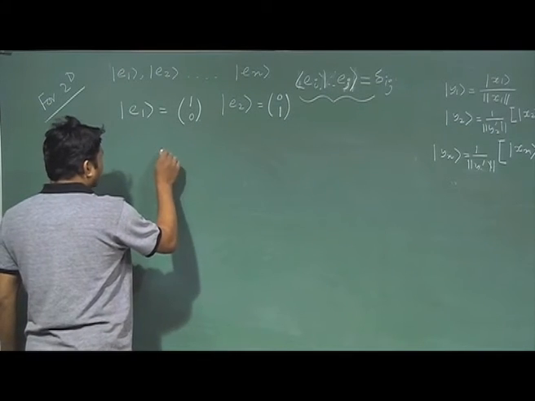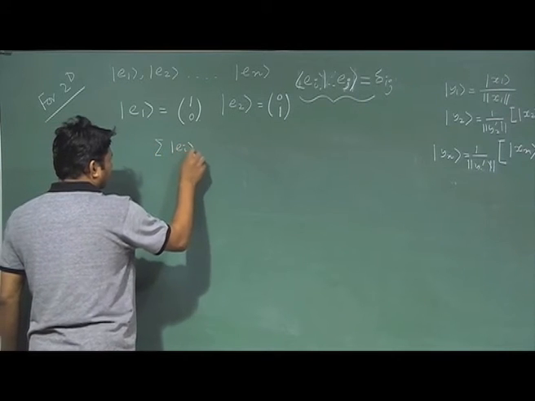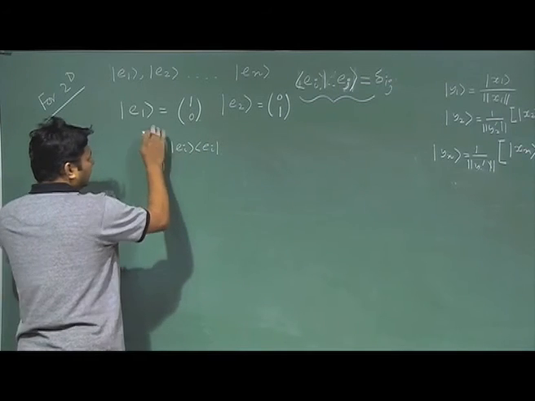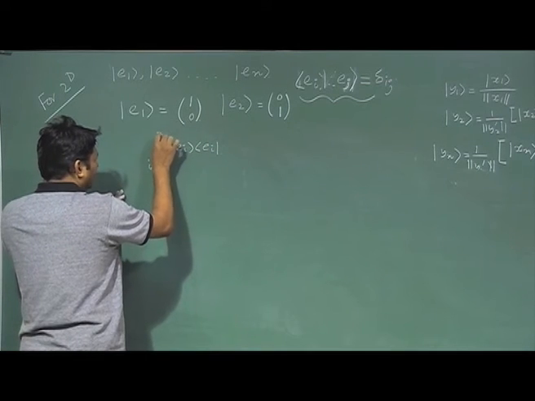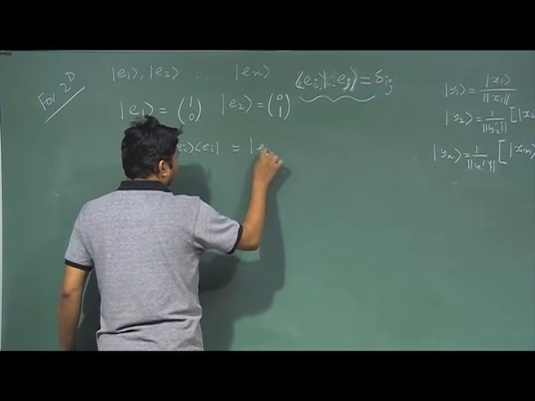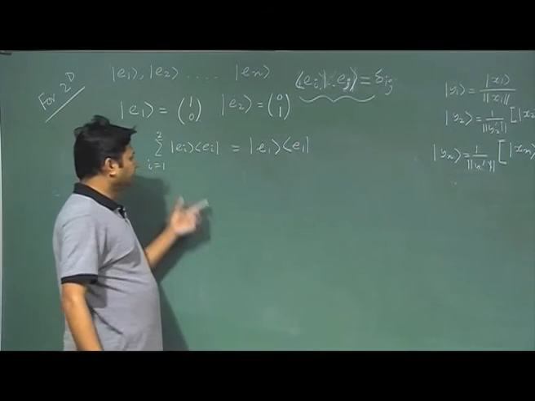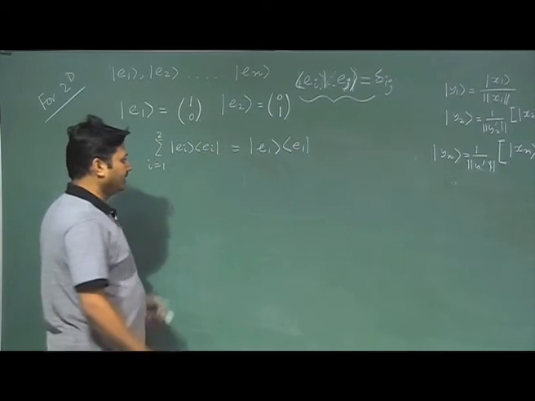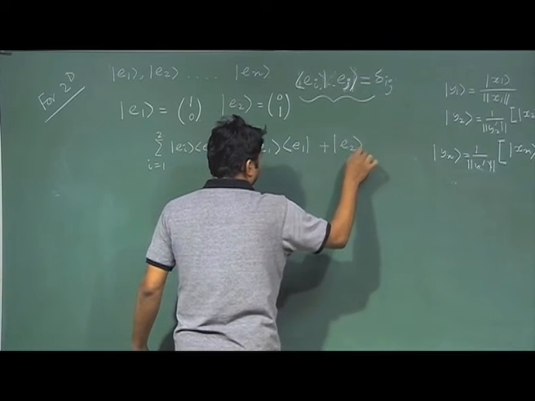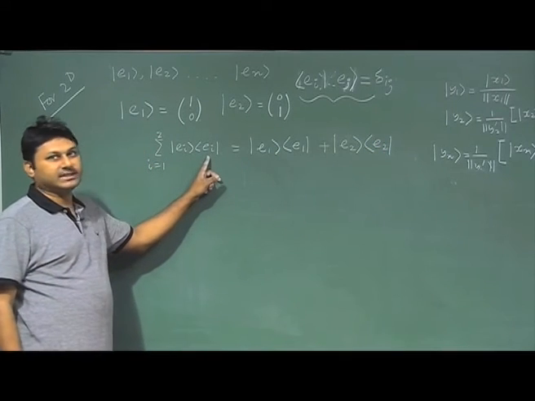Now I try to find this quantity, the summation over i of E_i E_i. Since this is 2 dimensional, n is 2, so i runs from 1 to 2. What value will I get? E1 will be my first term if I expand this summation, and my second term will be E2. No cross term will be there; there is no ij.